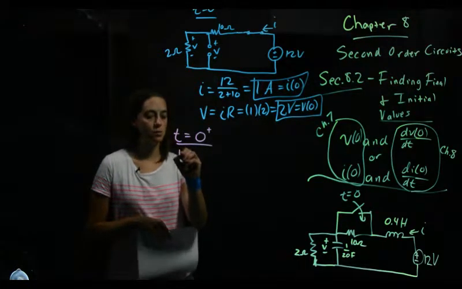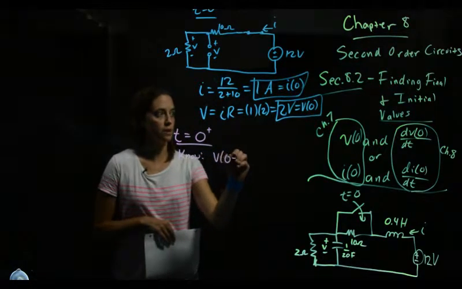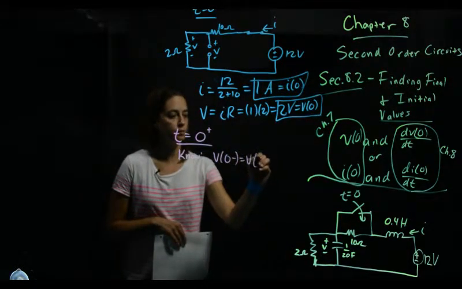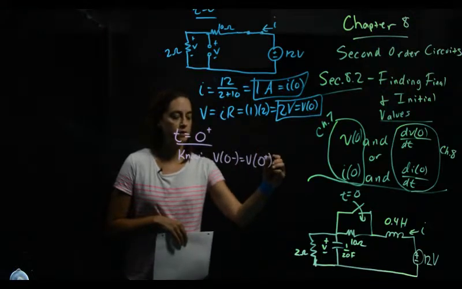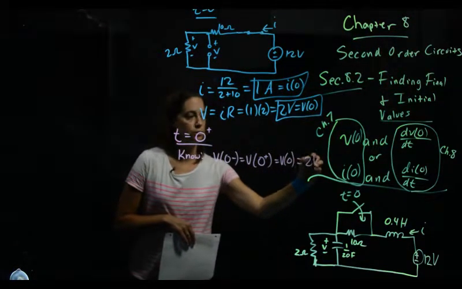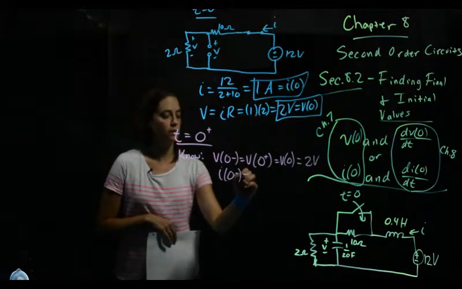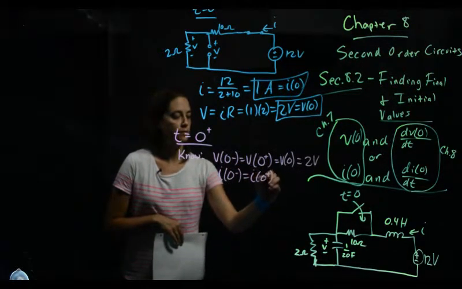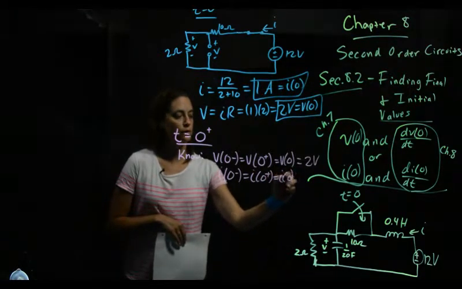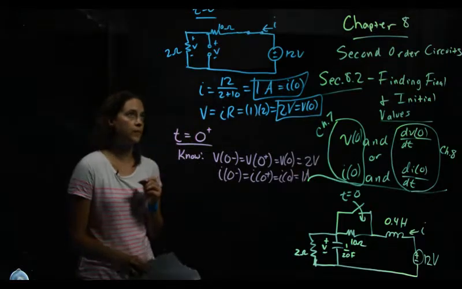So I know that V of 0 minus is equal to V of 0 plus, or we just call it V of 0, and it's 2 volts. And likewise, my current cannot change abruptly through my inductor. So I know I have 1 amp there.